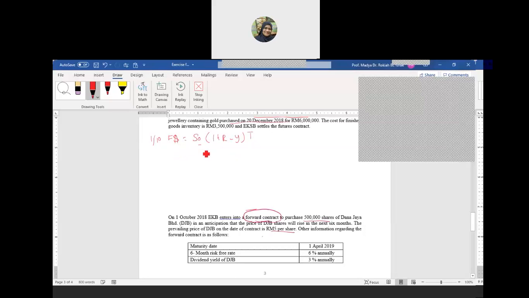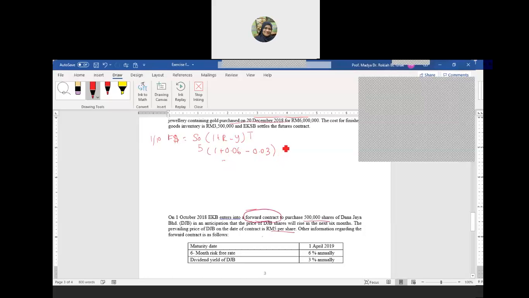So you have 5 here. Okay, we have 5 here, times 1 plus R. R here is 0.06, the returns. And then Y that you have here is 0.03.